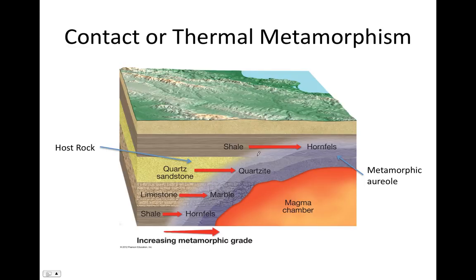Remember, this purple shaded region is known as the metamorphic aureole, also known as the baked zone. And the grade of metamorphism will be the highest right next to the igneous intrusion, and will decrease with distance away from the igneous intrusion.